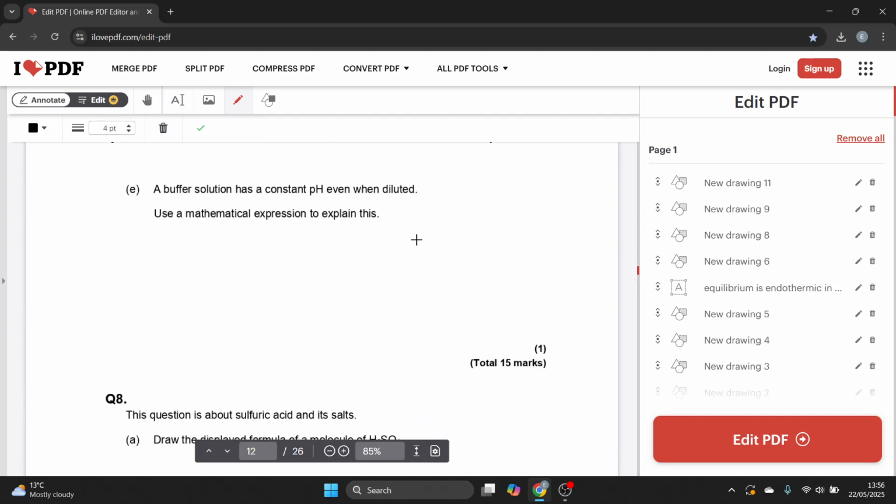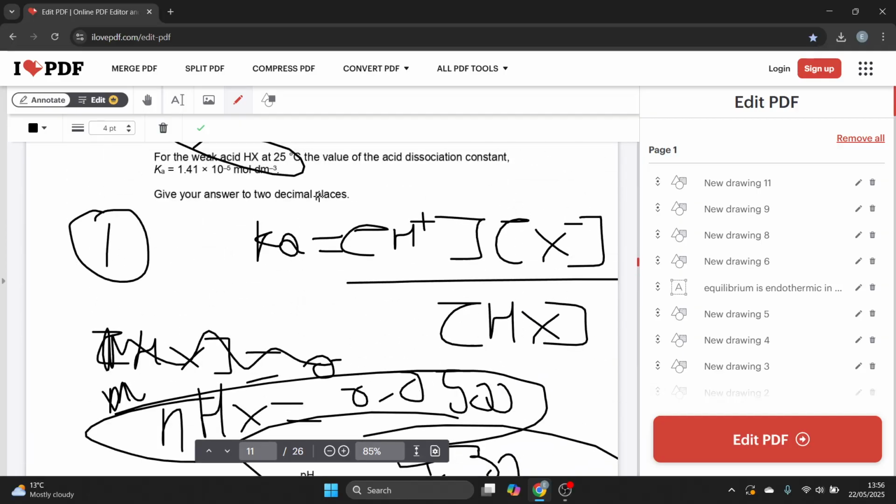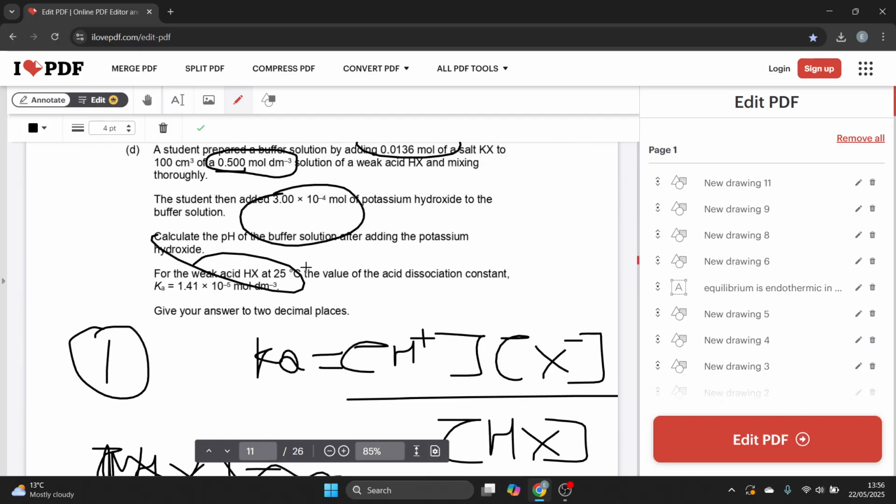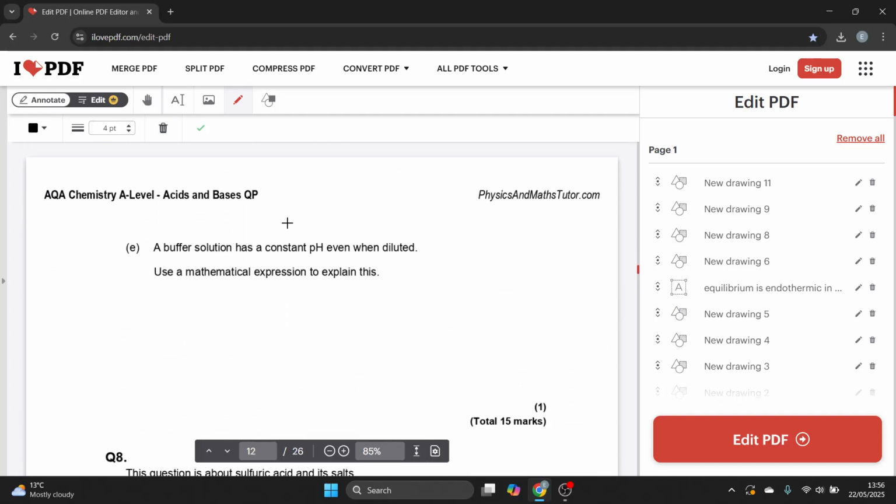Use a mathematical expression to explain this constant pH even when diluted. Constant pH even when diluted. Well, if it's going to have a constant pH, then the concentration of the H plus ions is constant.